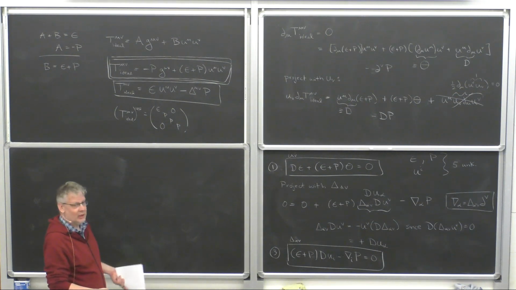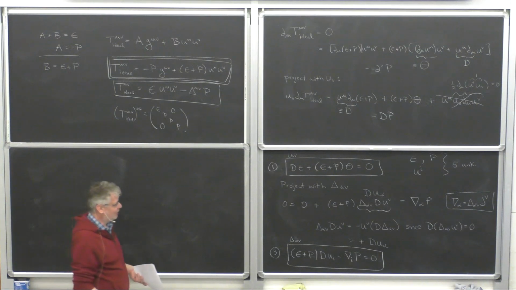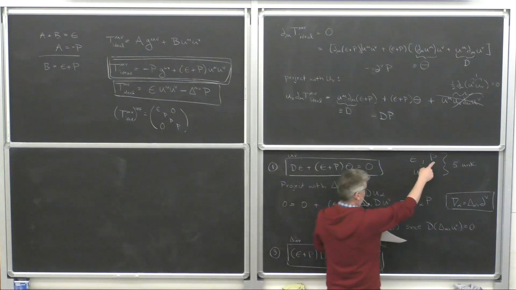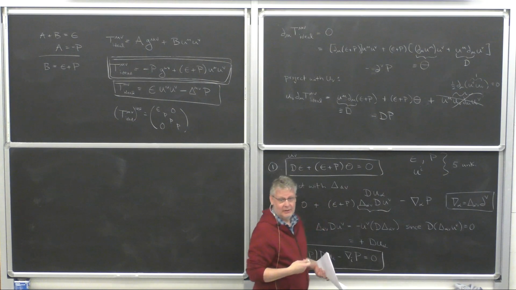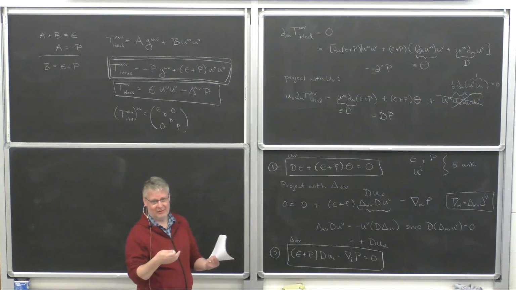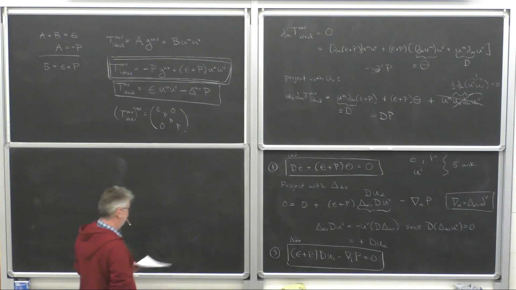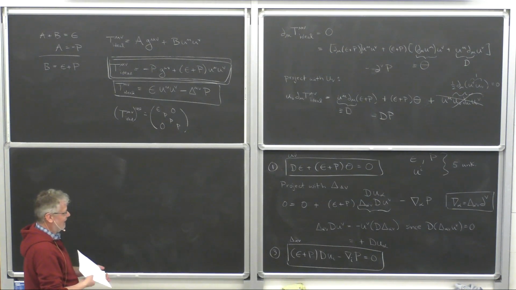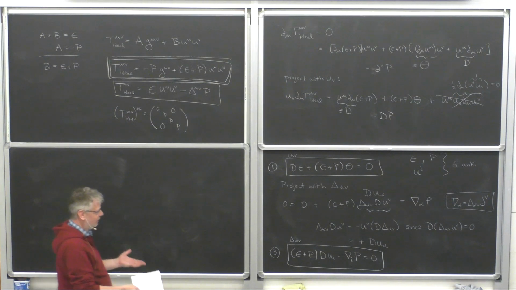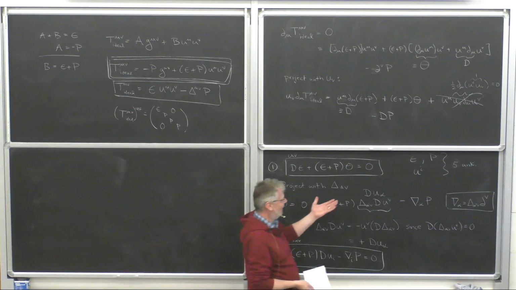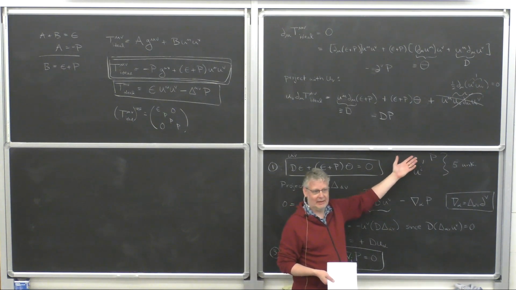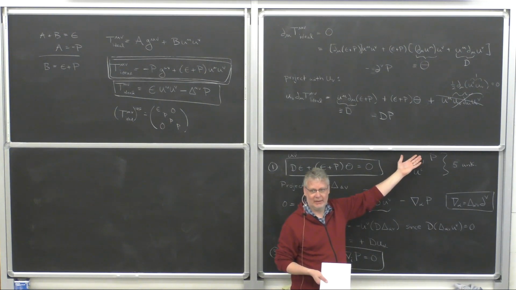So that's how we close it now, is we invoke the equation of state, which is a relation between epsilon and p. So I can rewrite p as a function of epsilon, or epsilon as a function of p, and then I close the system of equations. But here I need an equation of state. And that's why traditionally people in hydro will say, well, I have to be in thermal equilibrium because I need an equilibrium equation of state at this point in time.